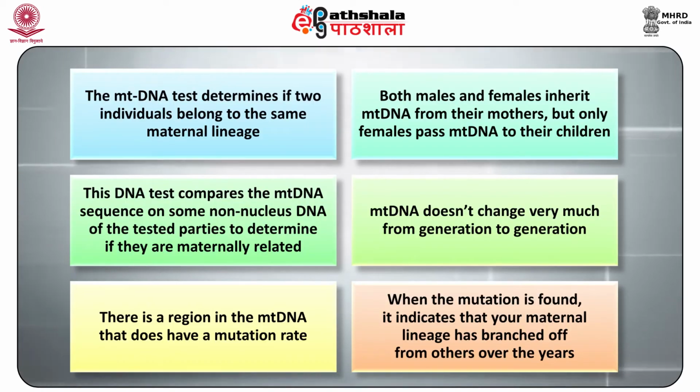The mitochondrial DNA test determines if two individuals belong to the same maternal lineage. Both males and females inherit mitochondrial DNA from their mothers, but only females pass mitochondrial DNA to their children.